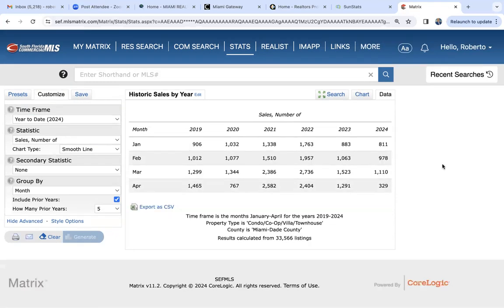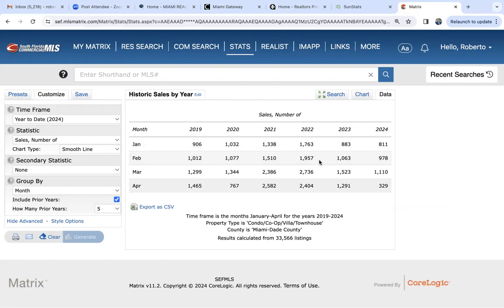So you guys will see here that in January of 2024, there were 811 condo sales, and that's down from the previous years. In 2022, there were 1,763 condo sales in January, down to 883 in 2023, and now down to 811 in 2024.